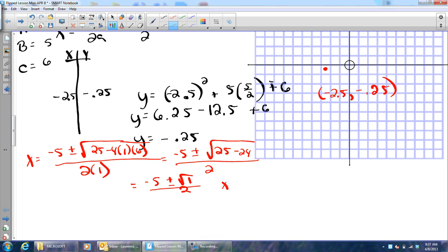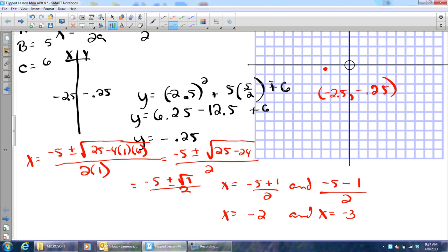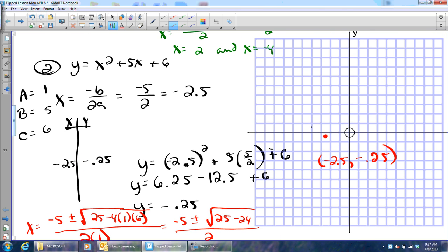That's going to equal negative 5 plus 1 over 2 and negative 5 minus 1 over 2. All right, so I'm going to get x equals negative 2 and x equals negative 3. So there are my two zeros, or my roots, or solutions, there and there, and my parabola will look something like that.